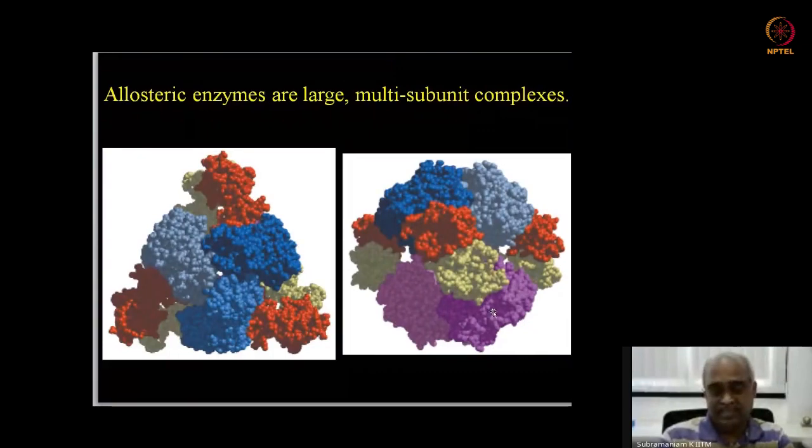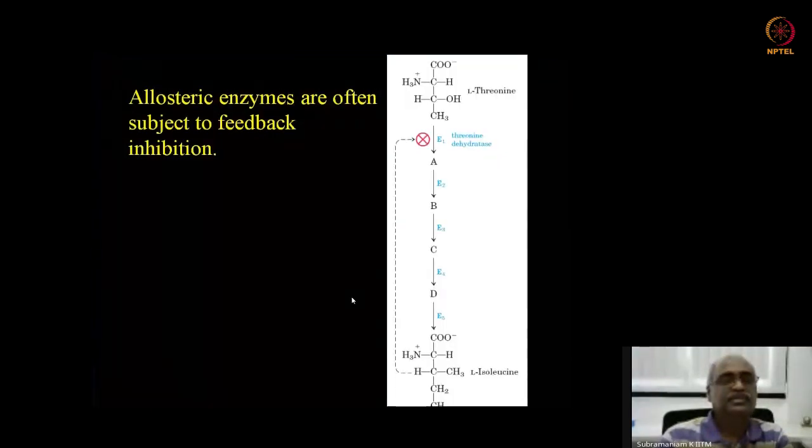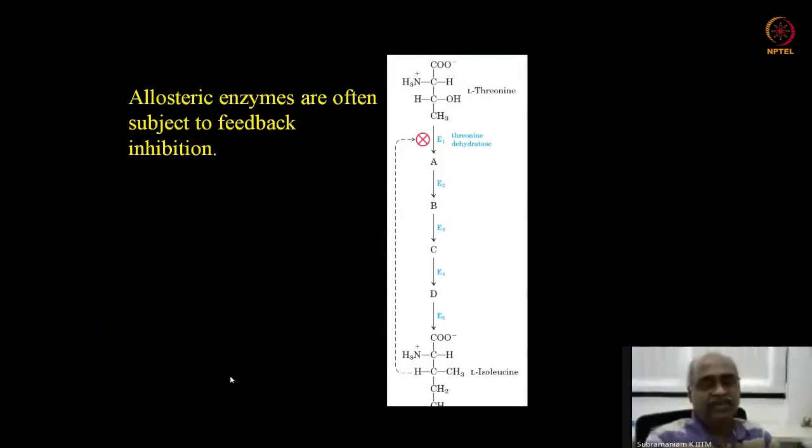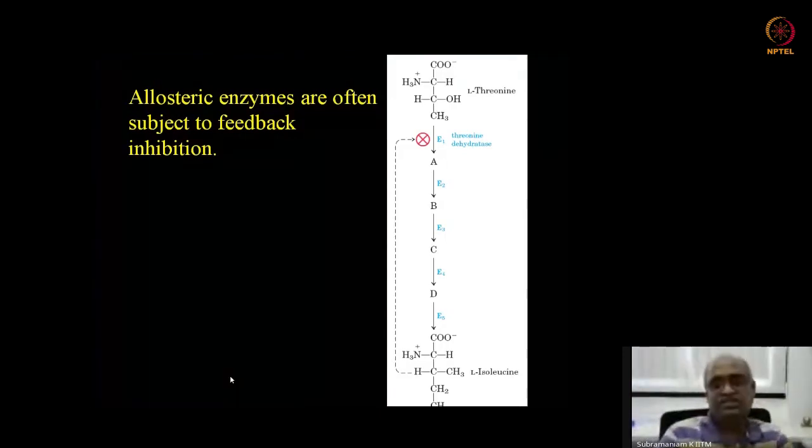These allosteric enzymes are an order of magnitude larger because they have multiple subunits, because some act as regulatory subunits, some act as catalytic subunits. And allosteric enzymes are often subject to feedback inhibition. So this is an important concept.